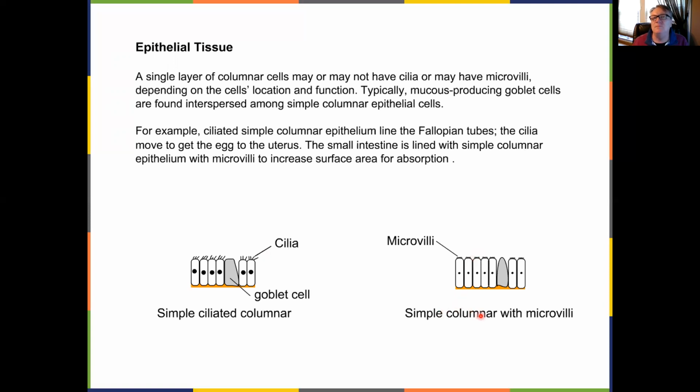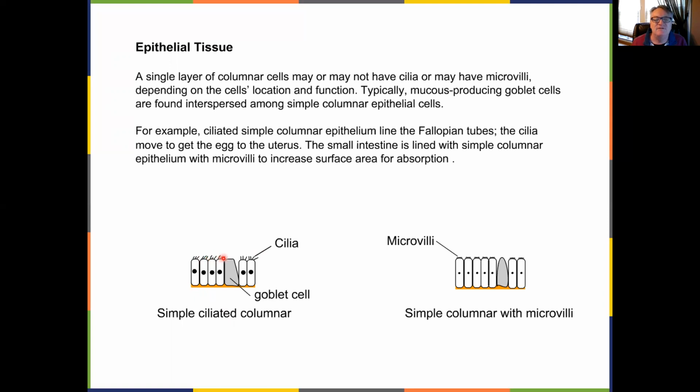So simple columnar cells are found in the small intestine, but very specifically, they will be simple columnar with microvilli, which are actually just small hills to increase the surface area. Compare that with another type of simple columnar cells, but instead of being with microvilli, they are ciliated, much like the cilia that would be found on a protist.